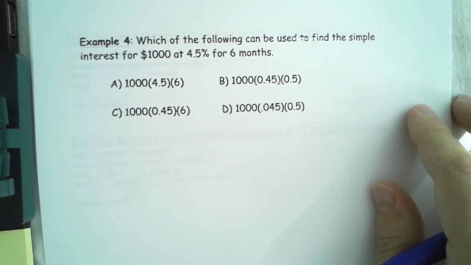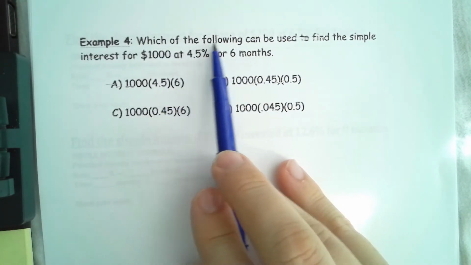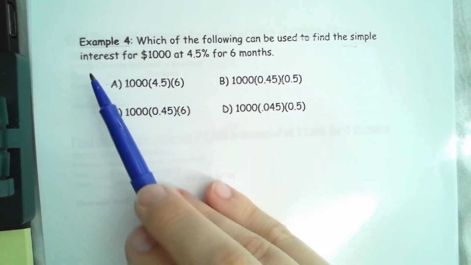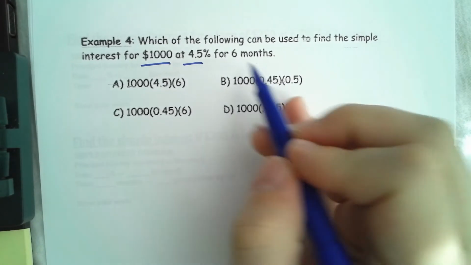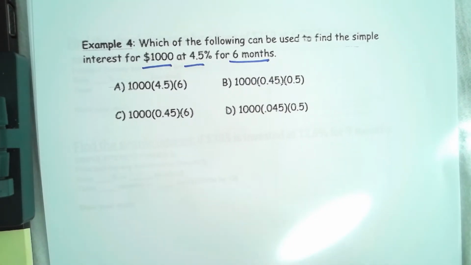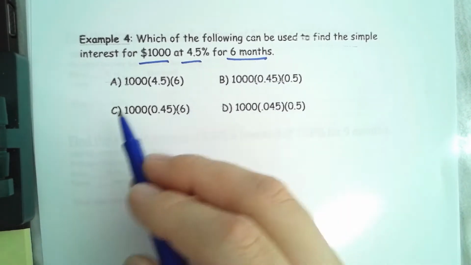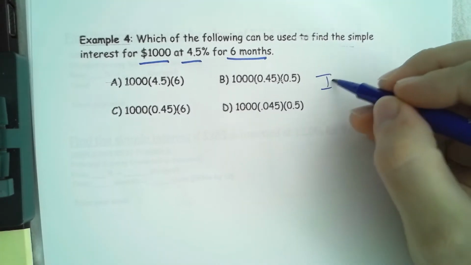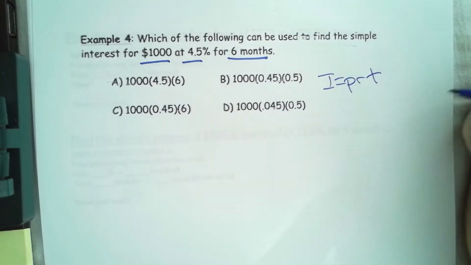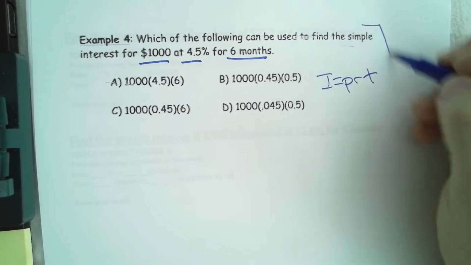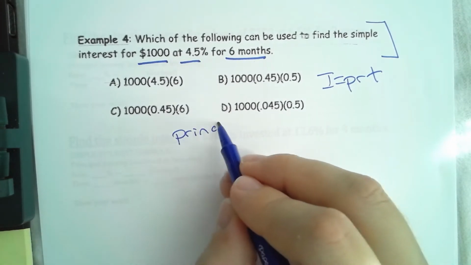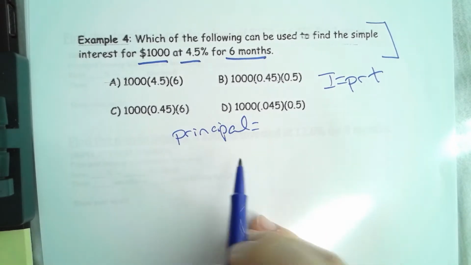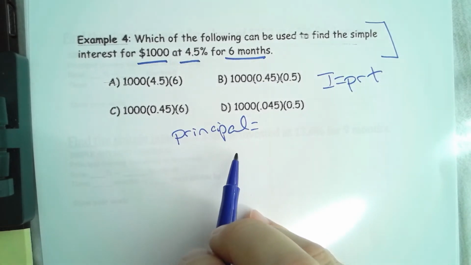Okay, let's keep practicing. Which of the following can be used to find the simple interest for $1,000 at 4.5% for 6 months? Which one of these is the correct way to write the equation I equals PRT for this one? First let's do principal. Principal is how much money I borrowed.